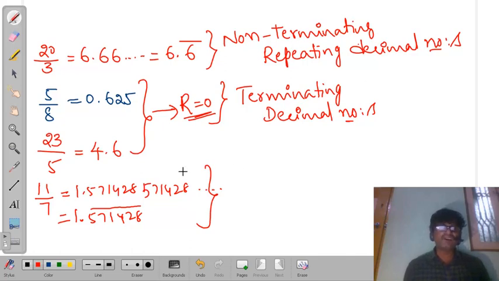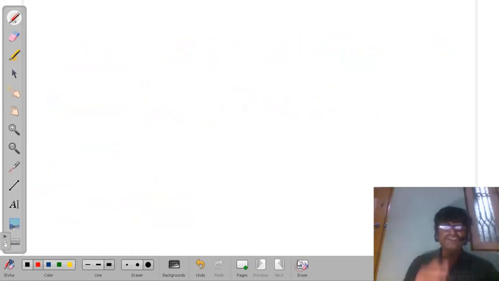Now, up to now, we discussed how to write the fractional form in decimal form. But now, let us go to the concept of how to write decimal numbers in fraction form. Suppose we have 5.7. How to write this in fraction form? This is very simple.